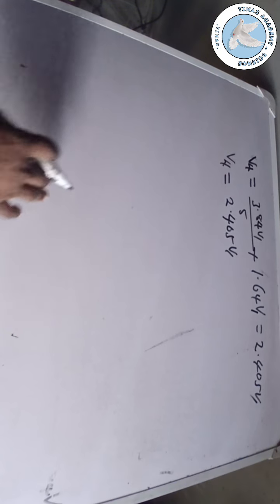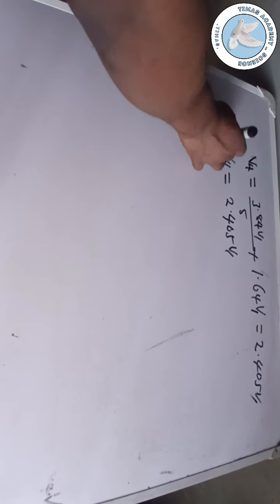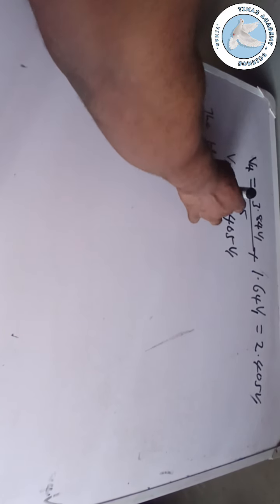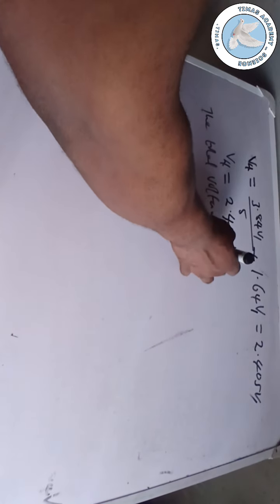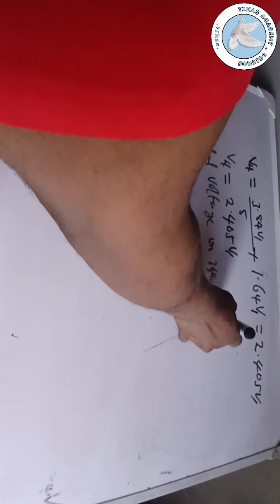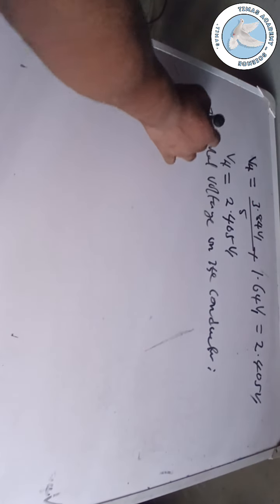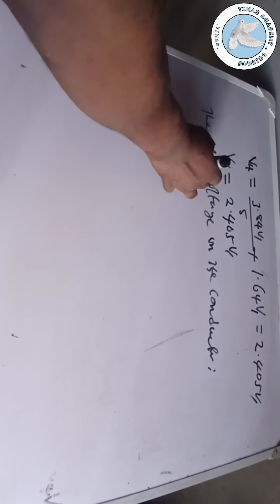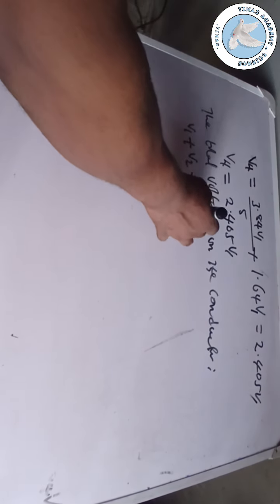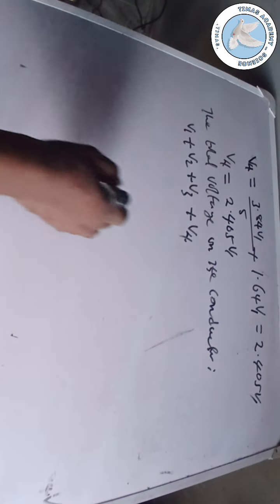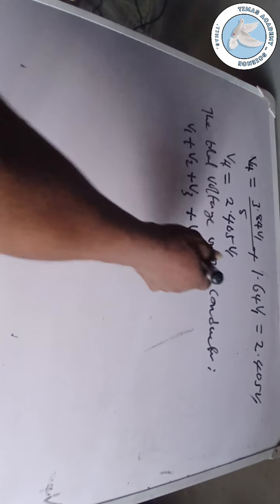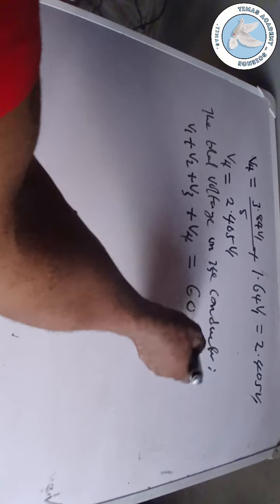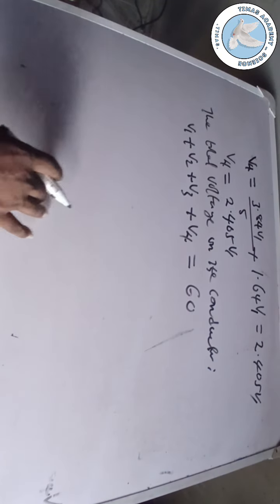Now, the total voltage on the conductor is equal to V1, V2, V3, and V4, because we have 4 units, and this is given as 60 kilovolt.